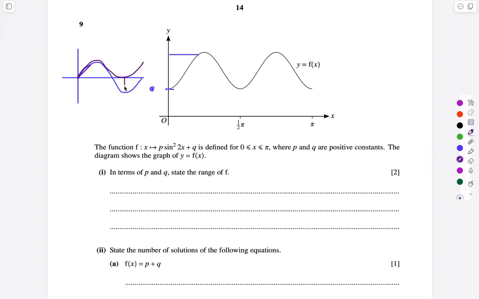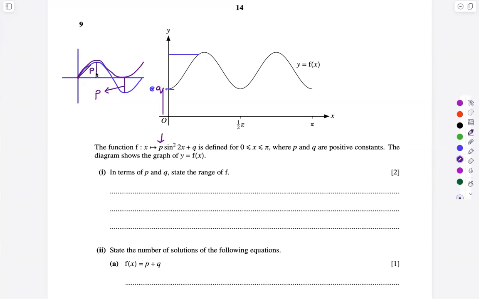Now, this is the amplitude of the expression, and in this case, this will be p, as this represents the amplitude of the sine graph. And this will also be p. Now, this q represents the translation of the graph in the y direction, and we can see that this graph has moved upwards in the y direction. So this translation in the y direction is represented by q, so this value will be equal to q.